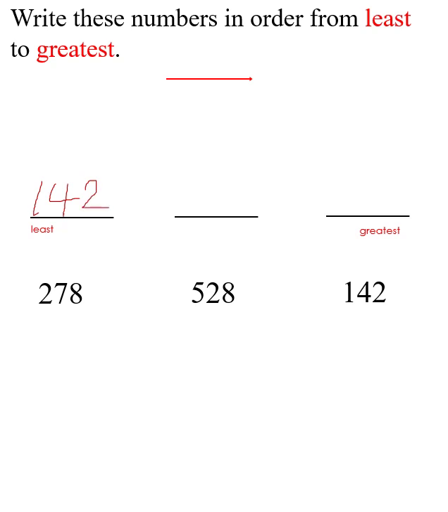So then I have to compare my next two, and I see 2 hundreds and 5 hundreds. I know that 2 is smaller than 5, so 278 comes next.